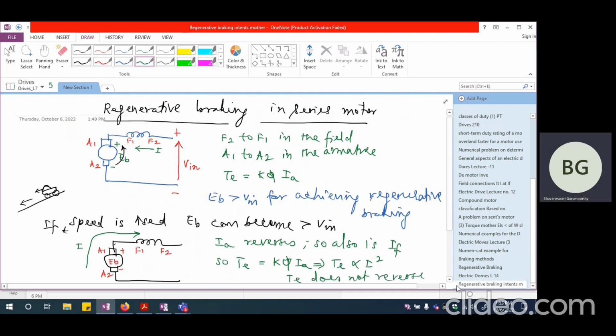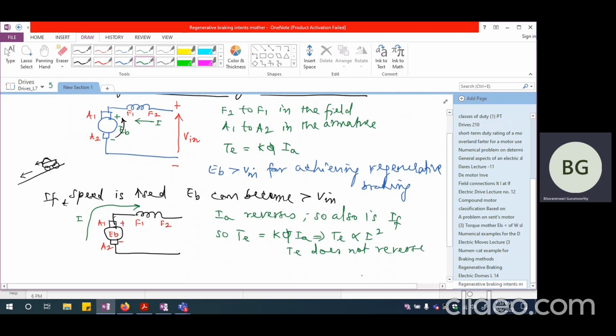And T is not reversing, and you are going to have the torque and speed both of them aiding each other. So I'm going to have the speed also in this direction, torque also in this direction. Both are going to aid each other. So this is not going to be braking.